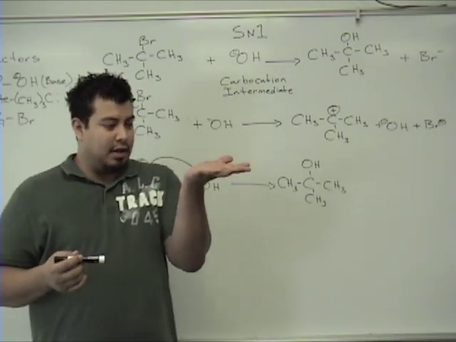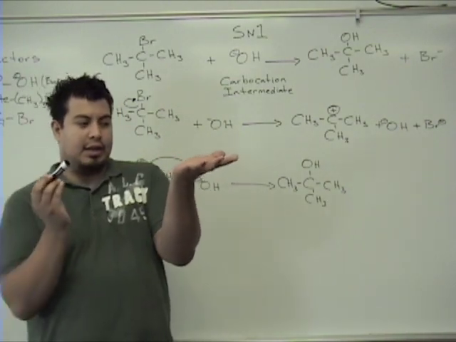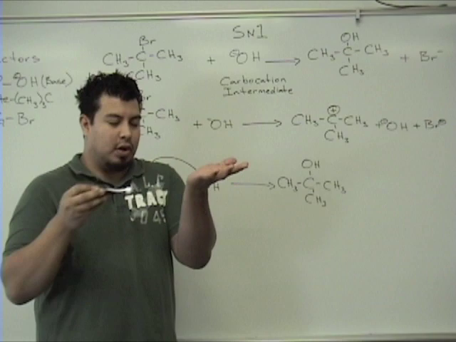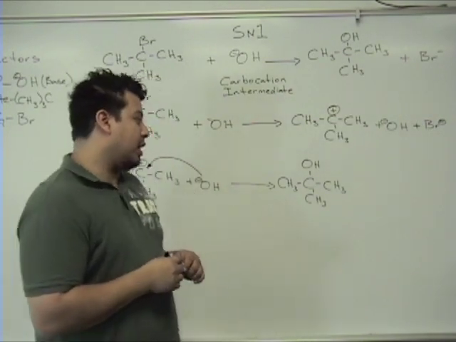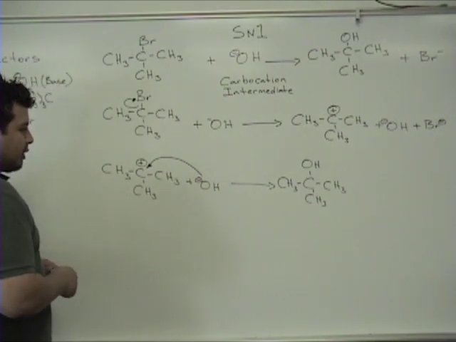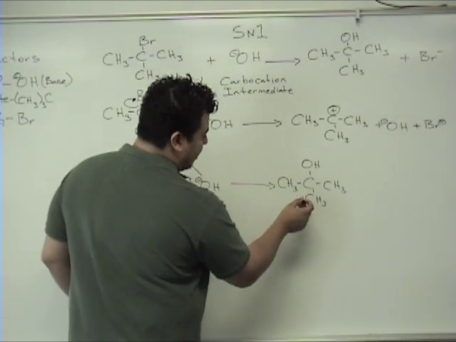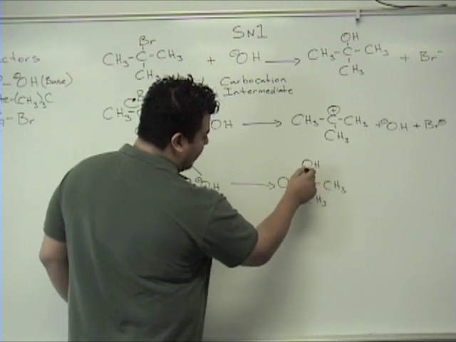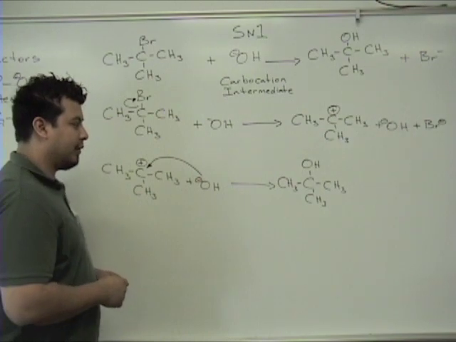That means that it is flat. So the nucleophile can either attack it from the top or it can attack it from the bottom. And that will make a difference when it comes to stereochemistry. So you will get 50% of the OH that attacked it from the top and 50% of OH that attacked it from the bottom.